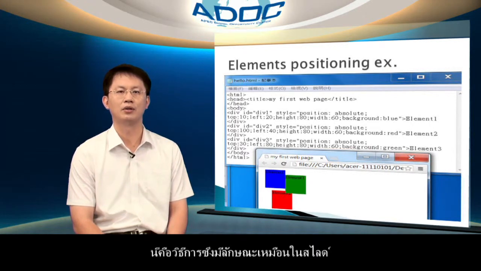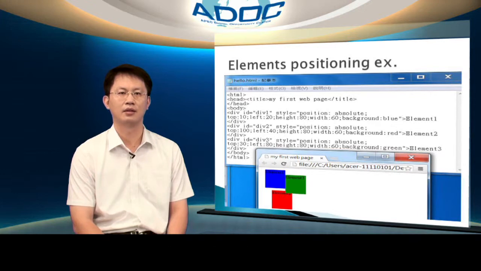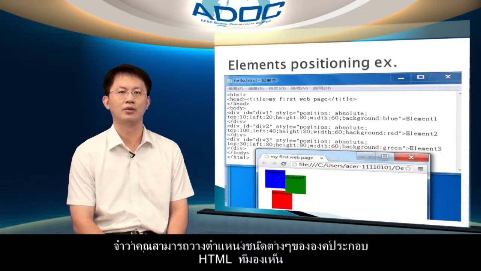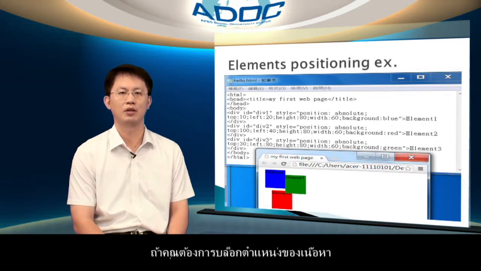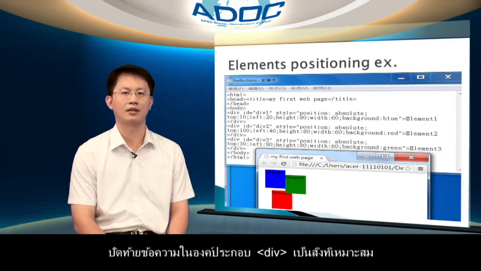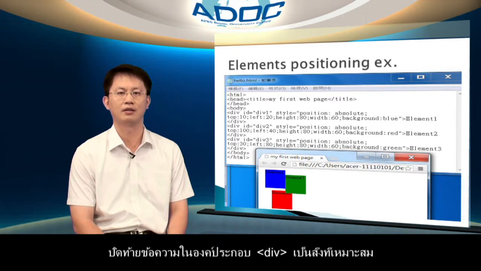Here's how that looks in the slide, which positions 3 colored div elements. Note that you can position any type of visual HTML element, such as images. If you want to position blocks of text, enclosing that text in div elements is ideal.